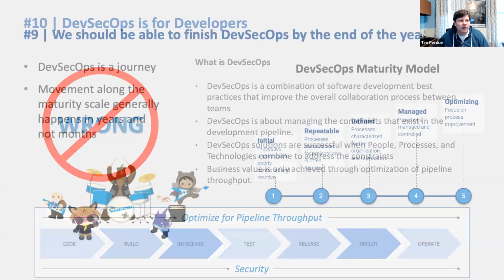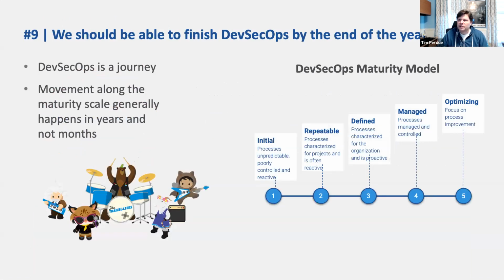Number 9, we should be able to do our DevSecOps initiative by the end of the year. That is never, ever going to happen. You might be able to run a bot or implement a tool or a feature in a year, but you're not going to do that with DevSecOps. It's absolutely a journey. The way we measure that journey is through this maturity model. We have a service that plots where customers are in their life cycle.